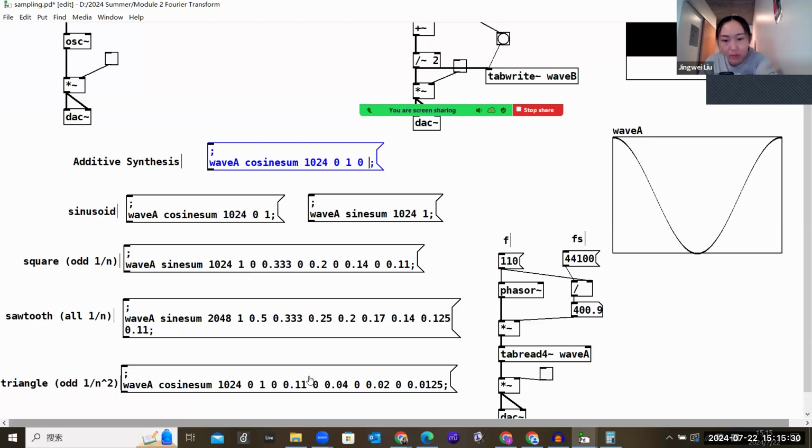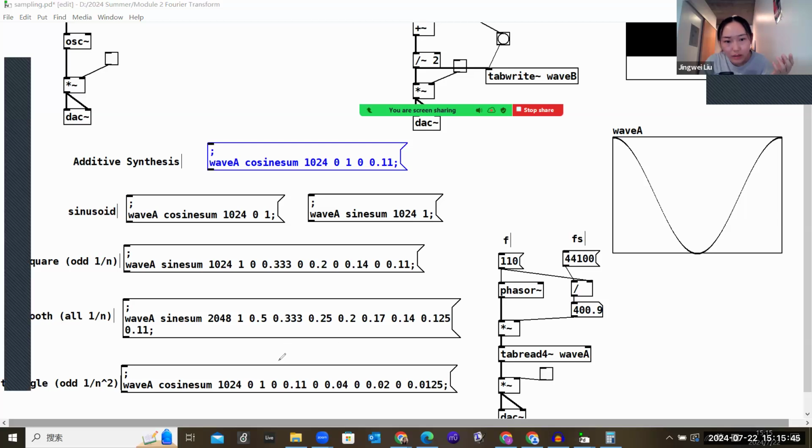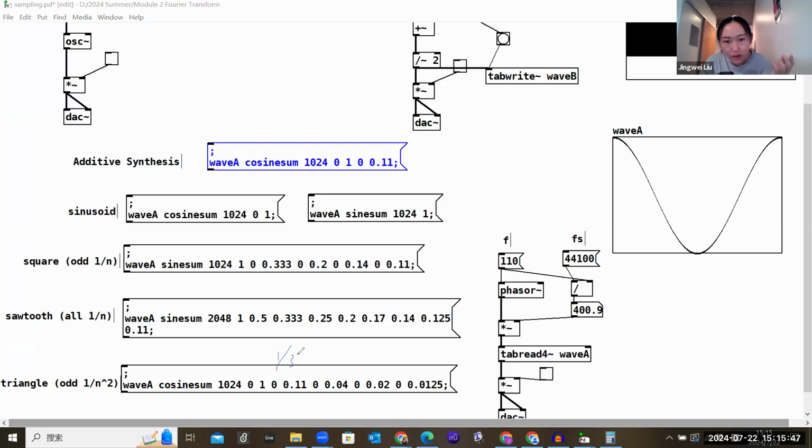You can see the amplitude is 0.111. It's much smaller than the sawtooth amplitude, because it's 1/3 squared. Here is 1/3 squared, here is 1/25, this is 1/49, this is 1/81.